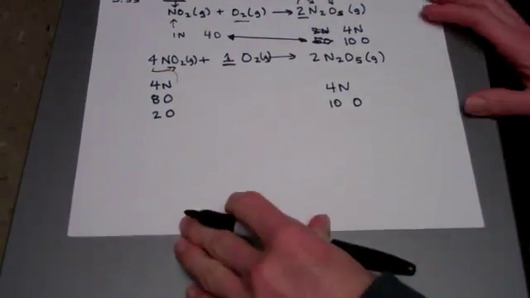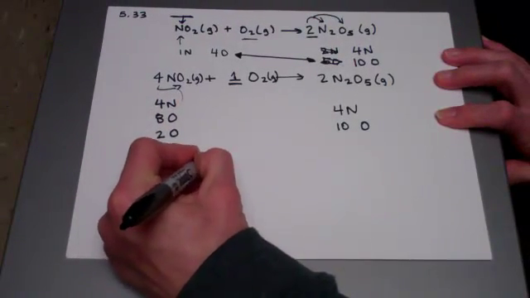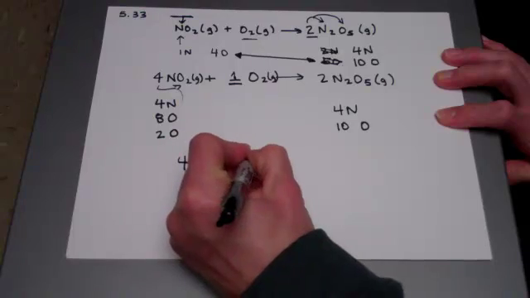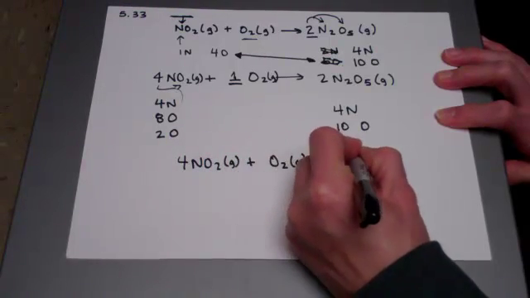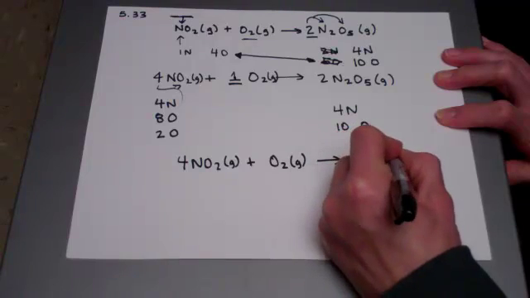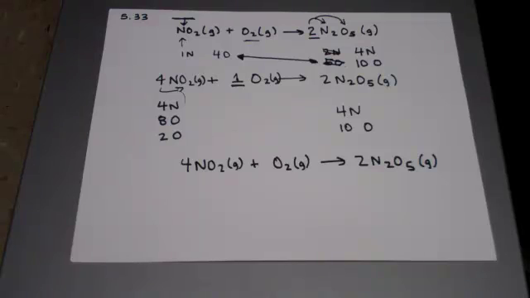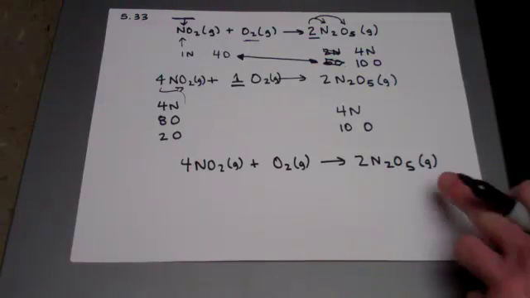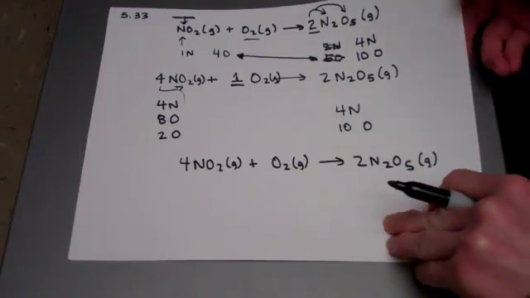So my overall balanced equation for this reaction is going to be 4 NO2 gas plus O2 gas yields 2 N2O5 gas molecules. So that is my balanced equation. I have the same number of atoms on both sides. Alright, let's do another problem.